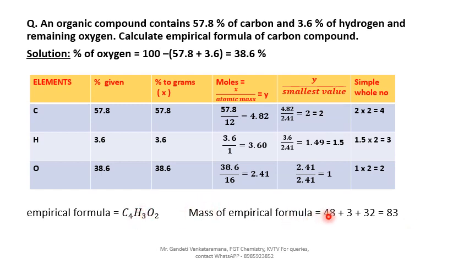How many hydrogens are there? 3. 3 plus oxygen 16, 16 into 2, 32. You will get 83. 83 is the mass of the empirical formula. Okay, students, I hope that you have understood how to determine the empirical formula, isn't it? Okay, we will move on.